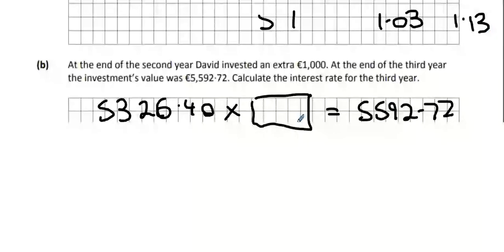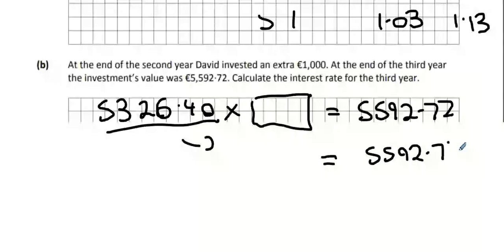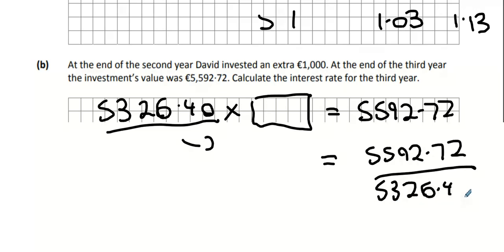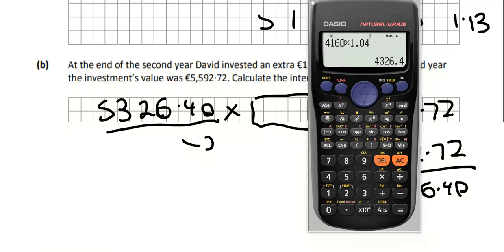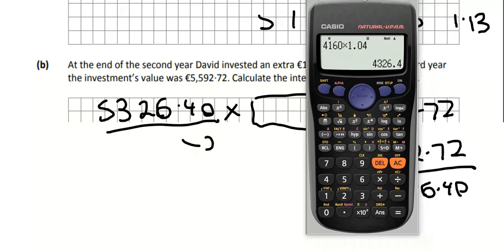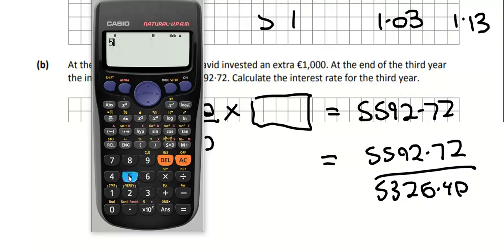Now here's how we're going to find out what's in the box. See the way it's multiplication on the left? Bring it over and divide it. So do 5592.72 divided by 5326.40. What do you get when you divide the two of them into each other?